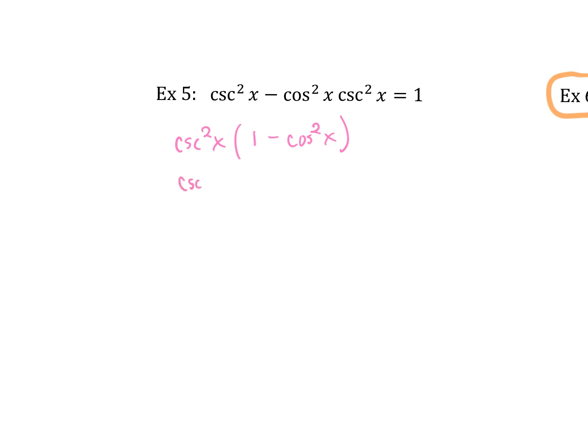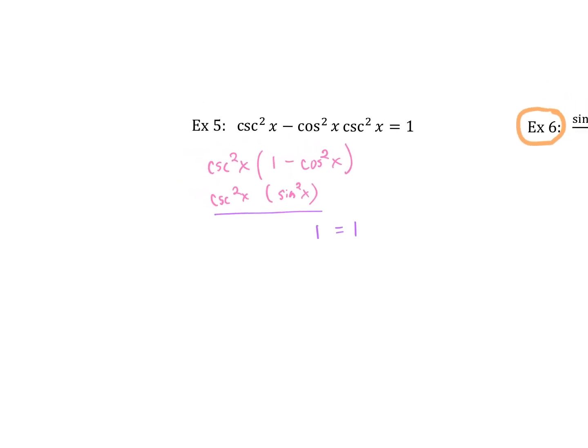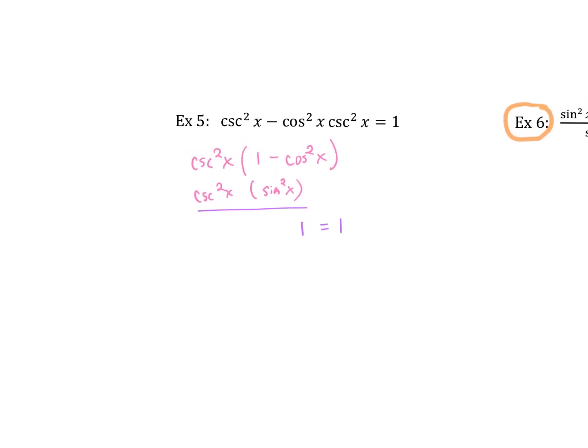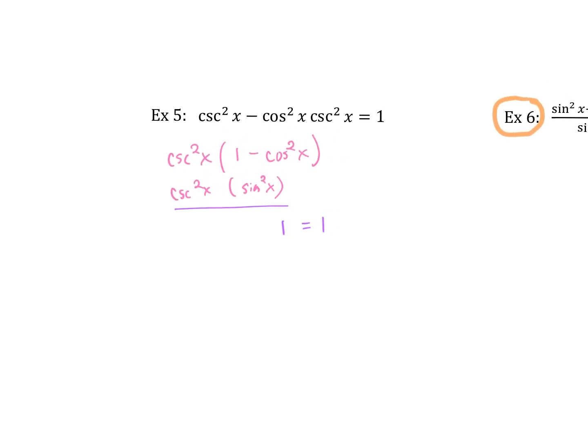And we know 1 minus cosine squared x is equivalent to sine squared x. And what's the relationship between cosecant and sine? Yes, they are reciprocals, and we know reciprocals, when we multiply them, are equal to 1. So 1 is equal to 1. We are done. Right?